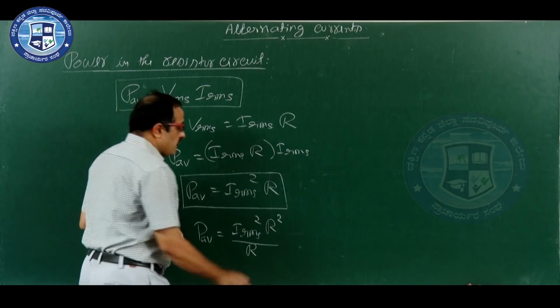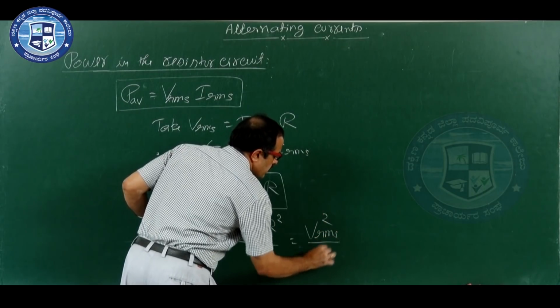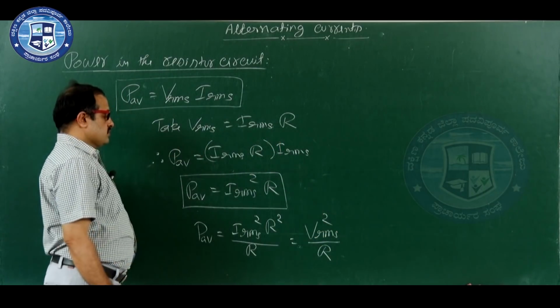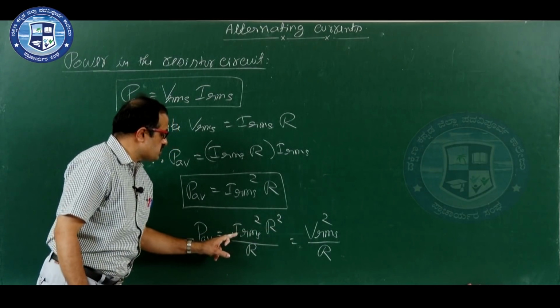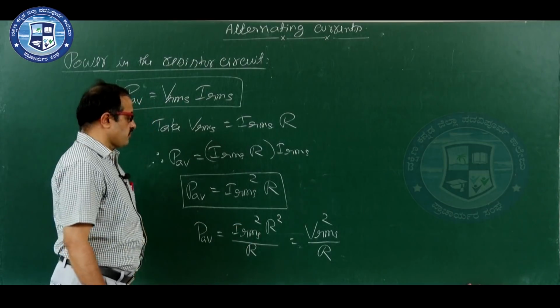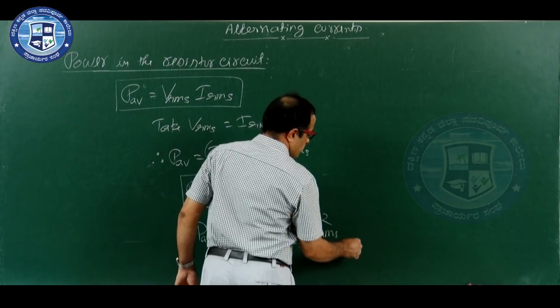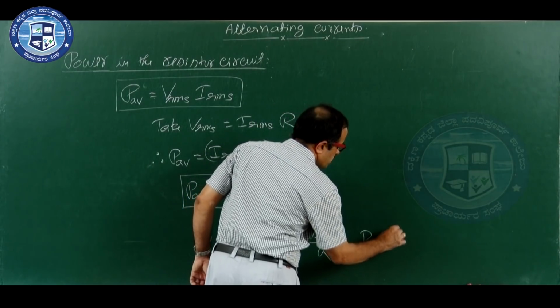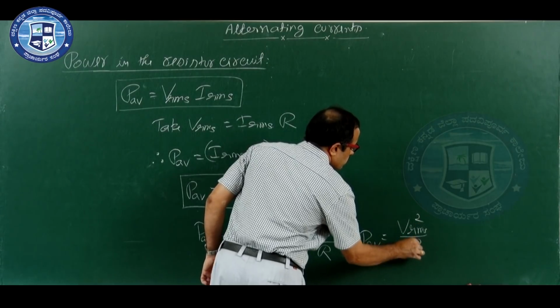It is nothing but VRMS square by R. It is nothing but Ohm's law. V is equal to IR. Voltage is equal to current into resistance. Therefore, we have got one more equation, that is P average is equal to VRMS square by R.